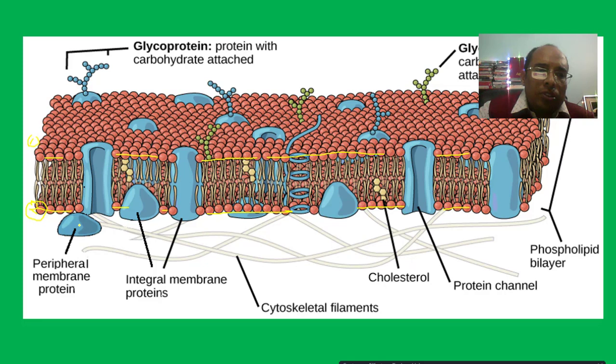Okay, the different types of proteins that are present in the cell membrane are peripheral membrane protein, loosely attached to the surface of the cell membrane, and integral membrane proteins. This one is called transmembrane protein. This is an integral protein, but it is named transmembrane protein because it has crossed the inner and outer layers of the phospholipid bilayer.